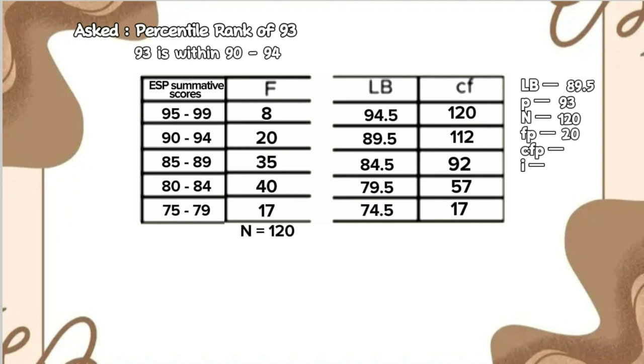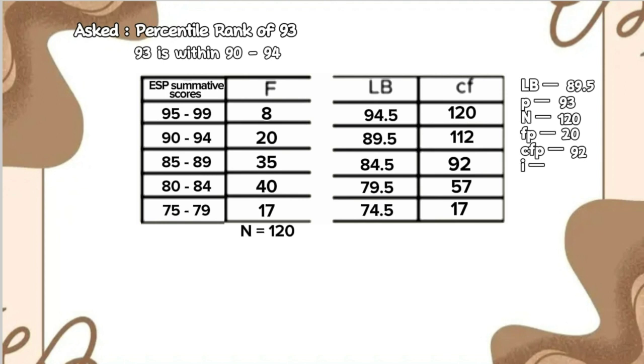Our FP, or frequency of the percentile class, is 20. Our CFP, or the cumulative frequency below the critical value: look at the cumulative frequency 112. That is our cumulative frequency, but below it is 92, so we should write 92.